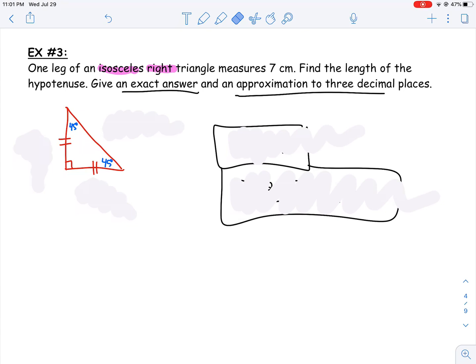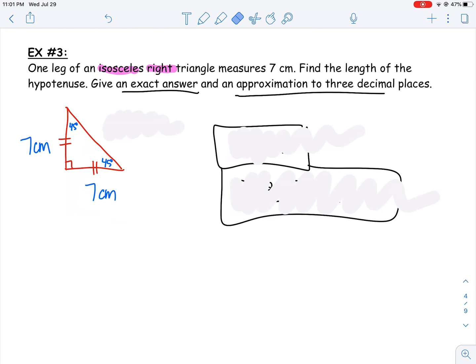And as soon as I know that I have a 45, 45, 90, I know certain relationships, right? I know that across from the 45 is x, across from the other 45 is x, and across from the 90 is x rad 2. It says in my question that one of the legs is 7 centimeters, so I know that that's one of the sides across from my 45.